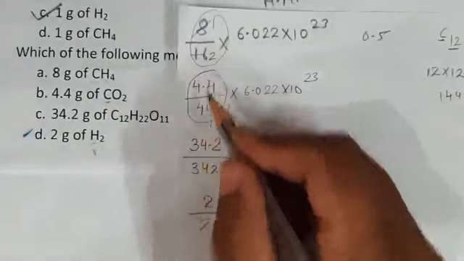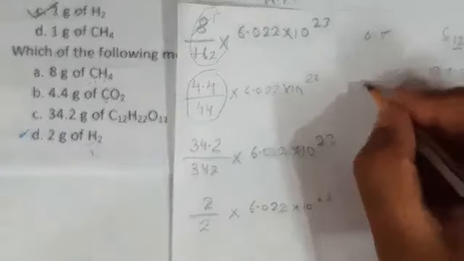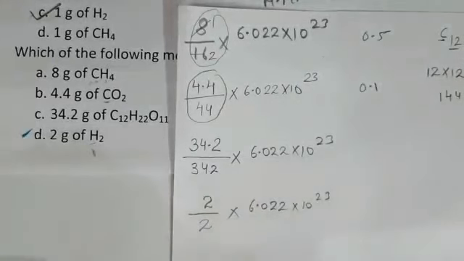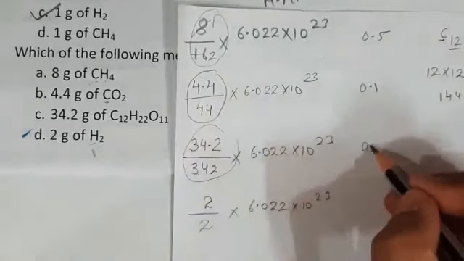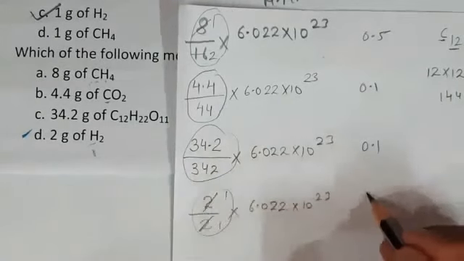Here 4.4 divided by 44 will be 0.1. Then 34.2 divided by 342 will also be 0.1, and 2 by 2 will be 1.